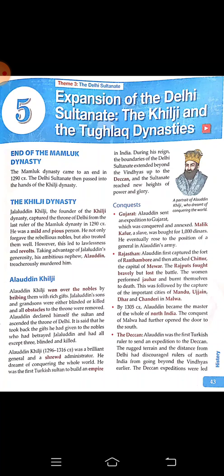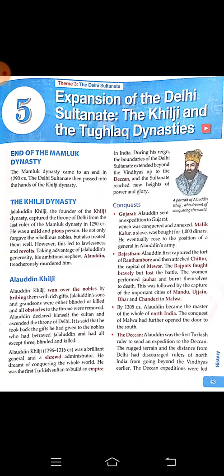Next area was Rajasthan. Alauddin first captured the fort of Ranthambore and then attacked Chittor, the capital of Mewar. The Rajputs fought bravely but lost the battle. The women performed Johar. What is Johar? They burned themselves to death.